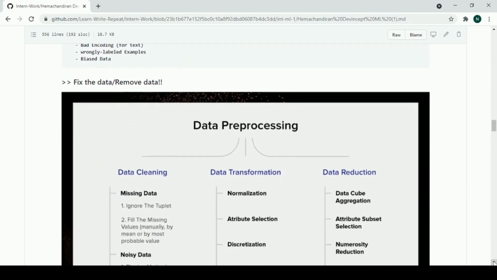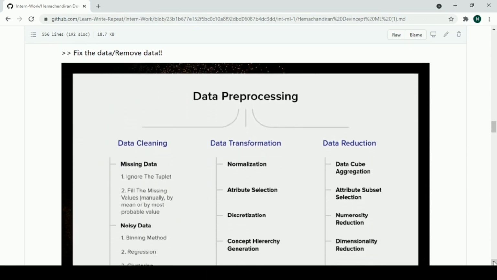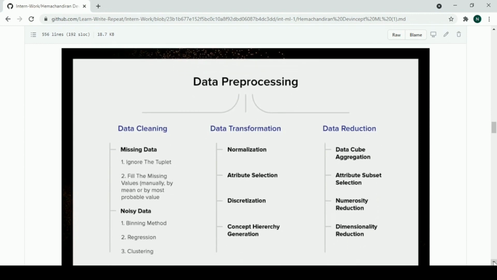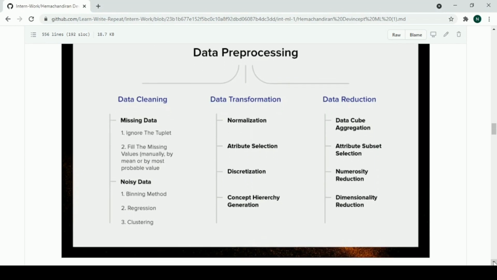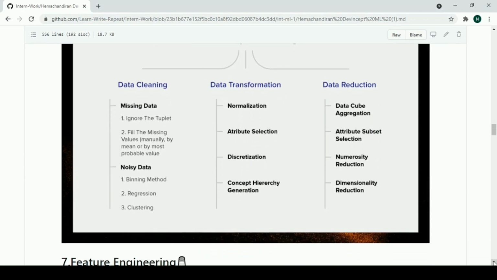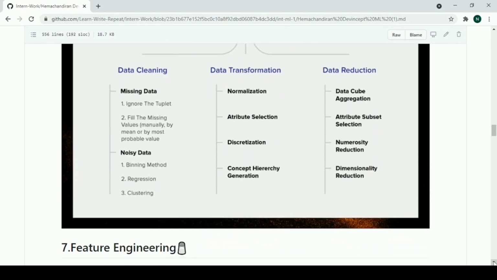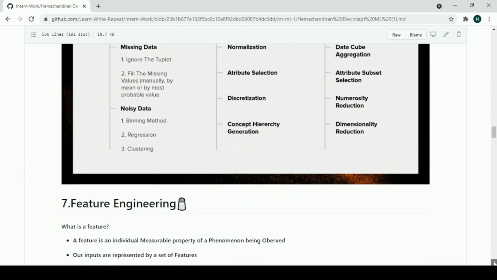From this image, you can have a glimpse of data pre-processing, which is divided into 3 categories: data cleaning, data transformation, and data reduction. Data cleaning involves missing data and noisy data. Data transformation involves normalization, attribute selection, discretization, and concept hierarchy generation. And data reduction involves data cube aggregation, attribute subset selection, numerosity reduction, and dimensionality reduction.